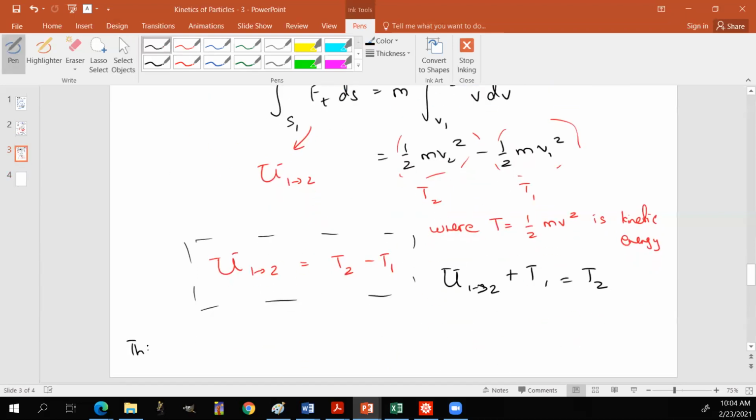Basically, we're just writing out what this expression says: the work done by force F is equal to the change in the kinetic energy.